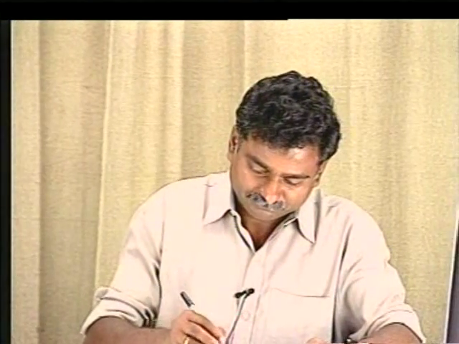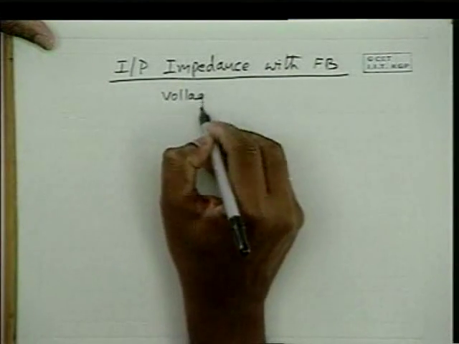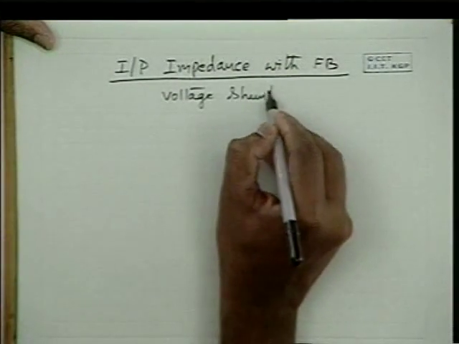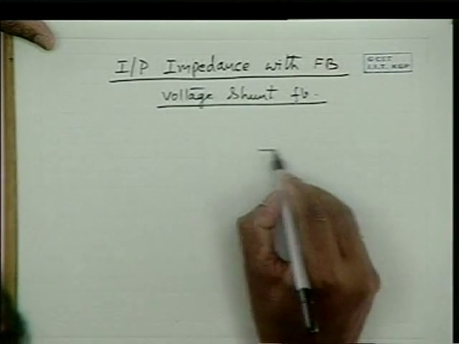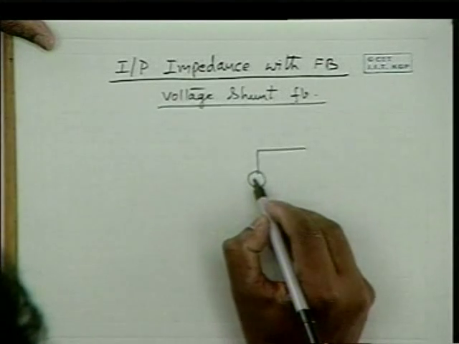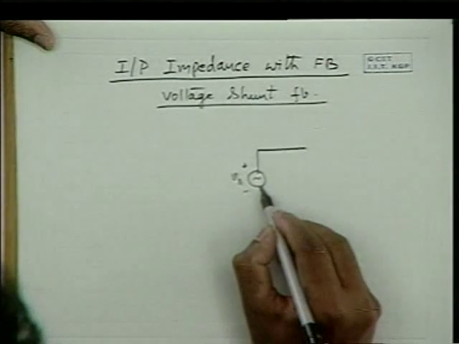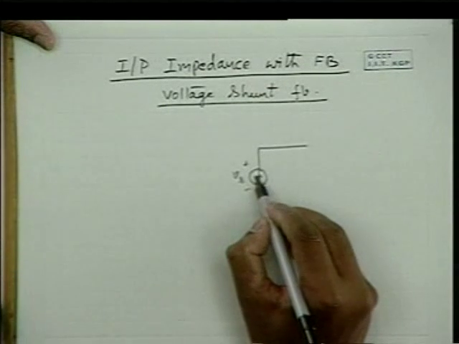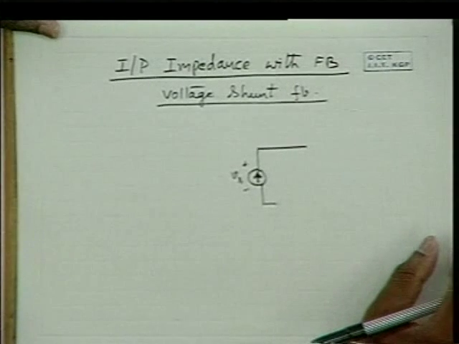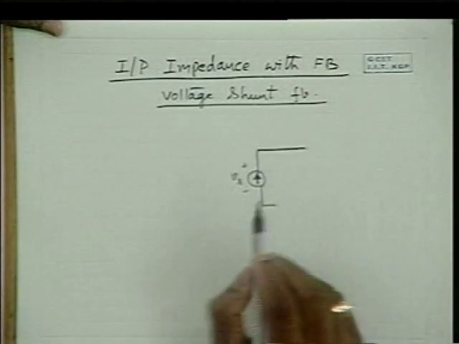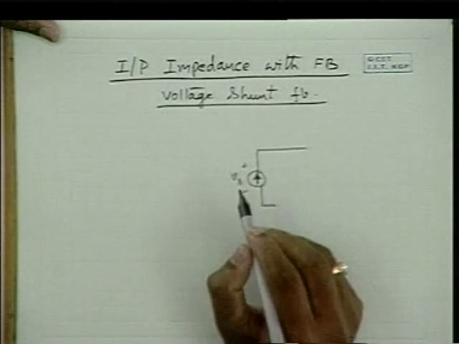Now we shall see the effect of voltage shunt feedback on input impedance. So here the input signal source is a current source in this particular case. Only in such cases do we give current feedback or shunt feedback.